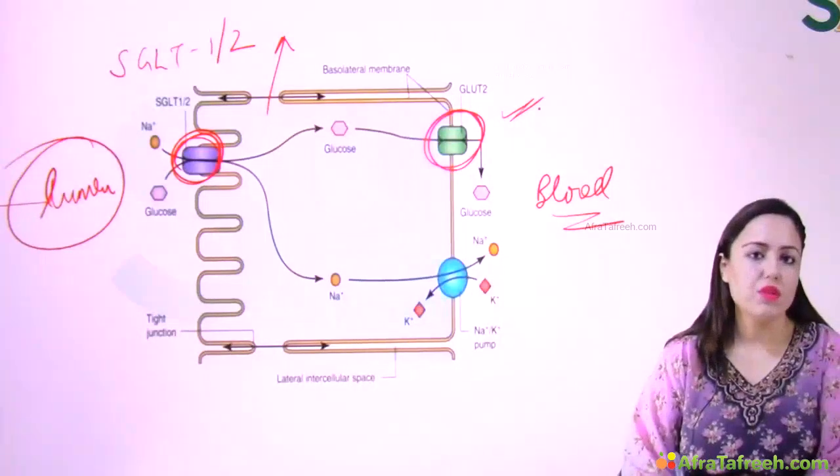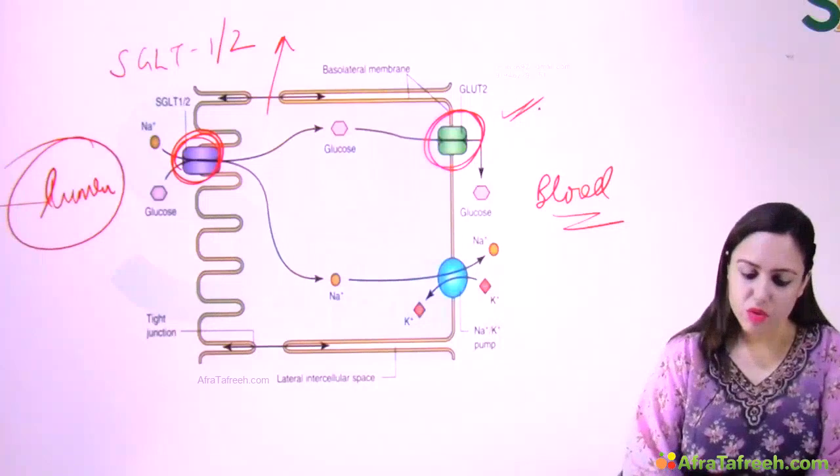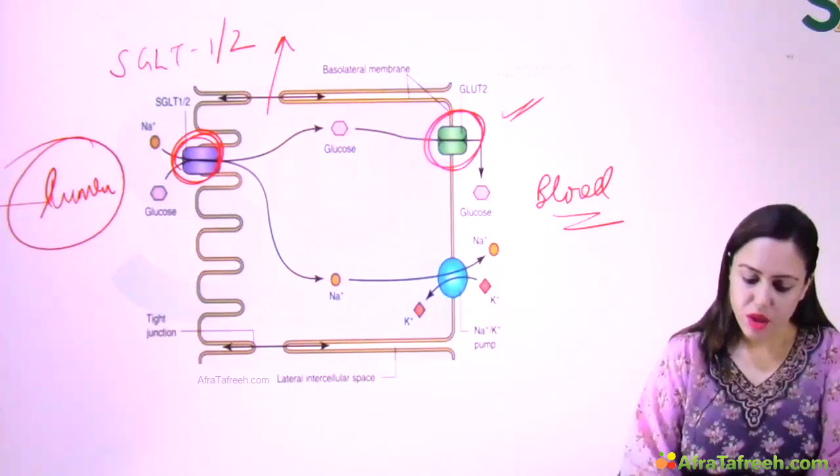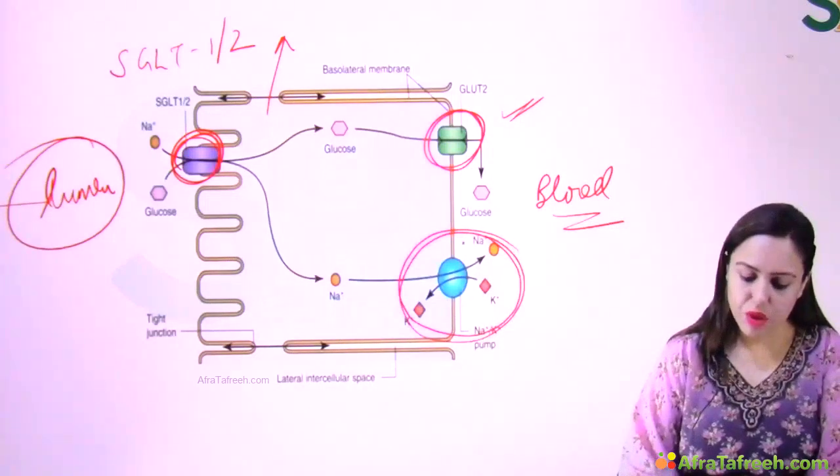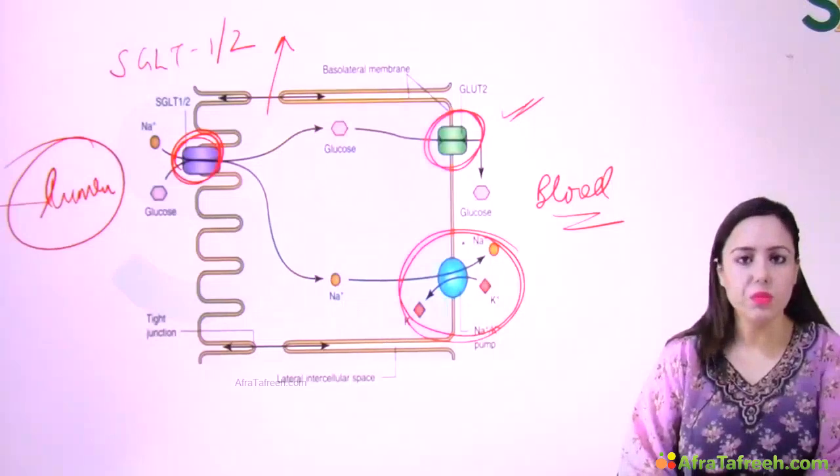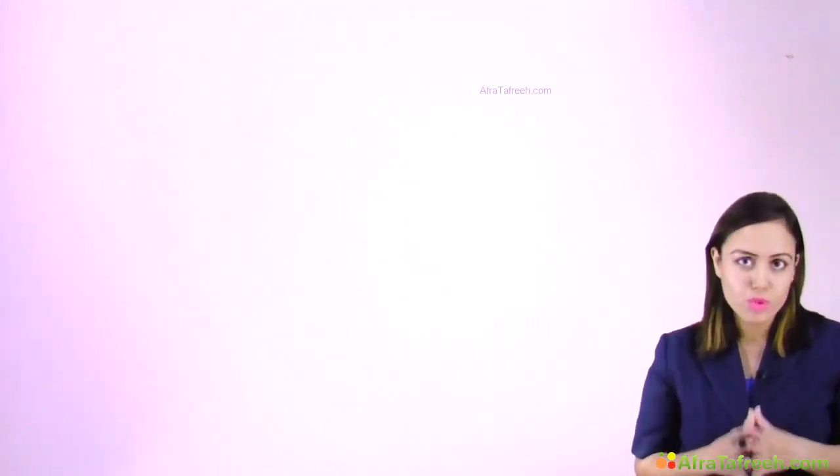GLUT2 is also present in kidneys, right? So GLUT2 is present on the basolateral side, and this sodium potassium ATPase pump is also present on the basolateral side always, right?